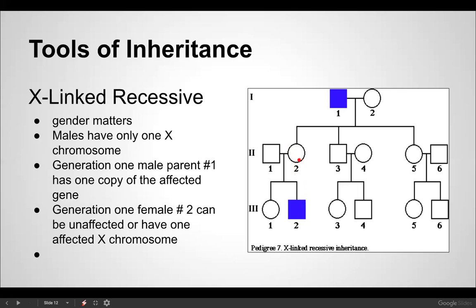Well, the X she passed on had the trait, therefore her son here is going to take on that trait. So that's how X-linked inheritance impacts the males. Okay, and that will be it for Biology A.